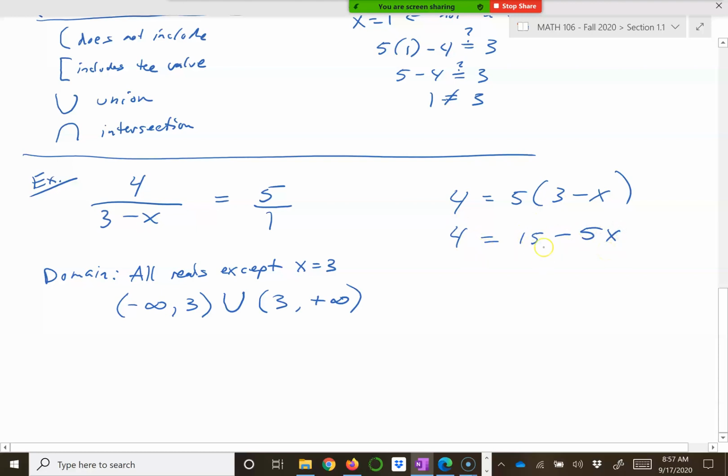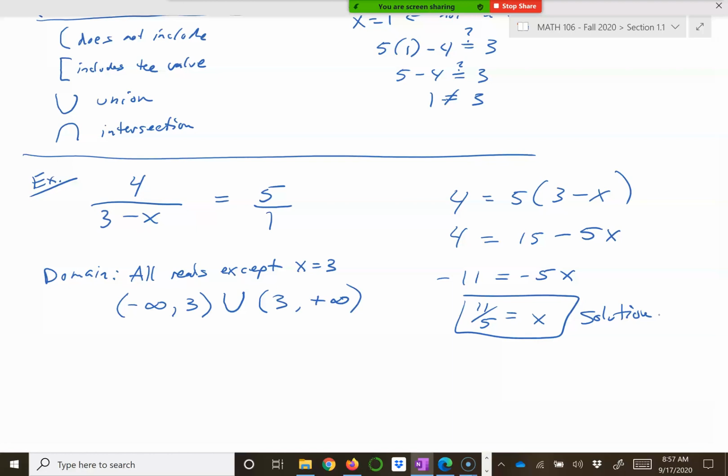Then I'm going to subtract 15 from both sides. We're going to get negative 11 equals negative 5x. Then I'm going to divide by negative 5 so the negatives cancel, and I get 11/5. So 11/5 is our solution. Okay? Hopefully that makes sense.